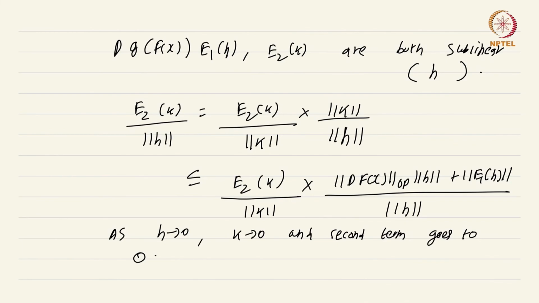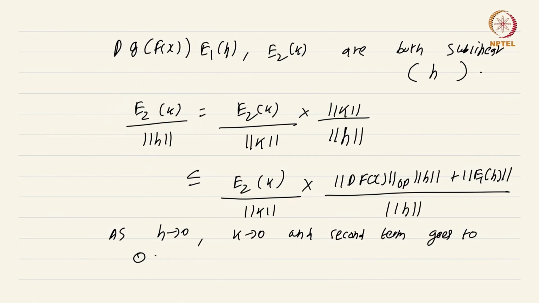Okay. Now, there is one crucial thing that has to be remembered. We have made the assumption that k is not 0 as h approaches 0. But that's not really an issue, because what was the original expression that we were interested in? We were interested in this expression, E2 of k by norm h. If for some value of h, k happens to be equal to 0, E2 of k is going to be anyway 0.